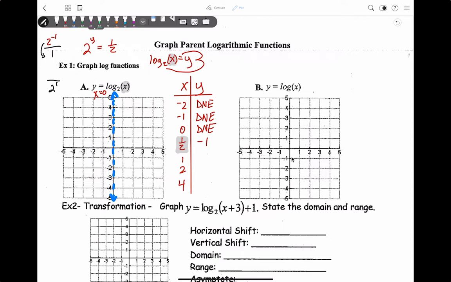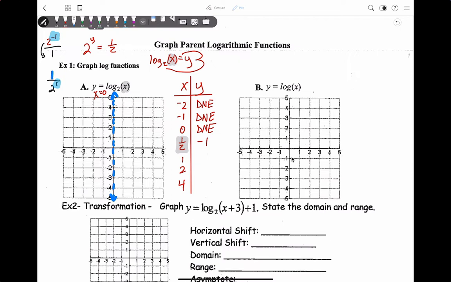Because remember, we've talked about negative exponents when we're doing radicals. We move it and then we make it positive when we've moved it from the numerator to the denominator, or vice versa. An understood 1 already exists there. That's how we get this 1/2. So that's what's going on here, to show you that we get a -1.